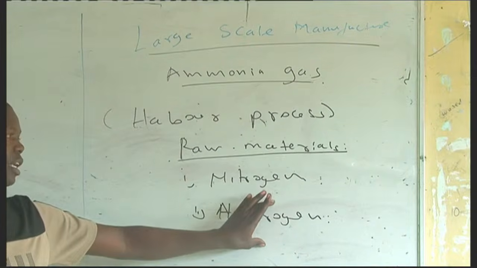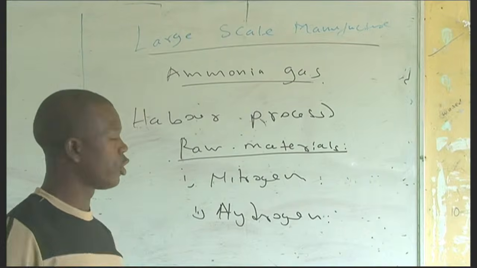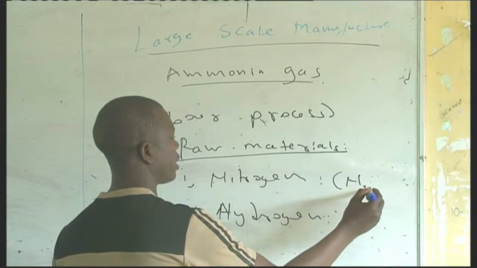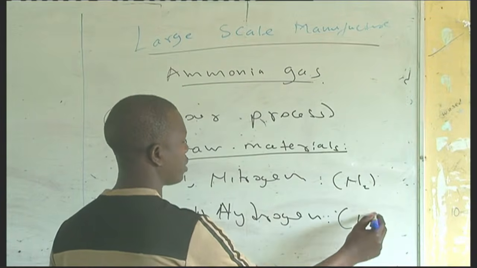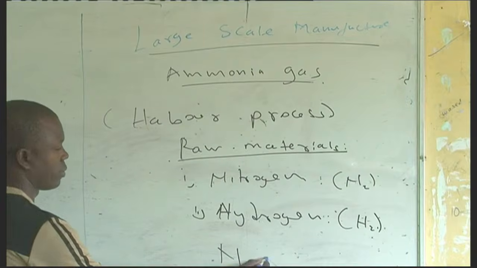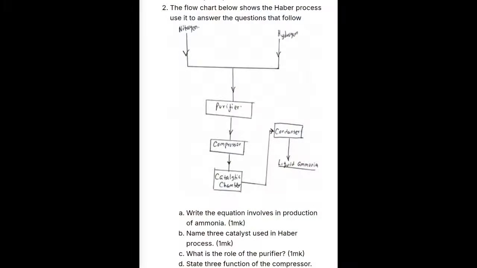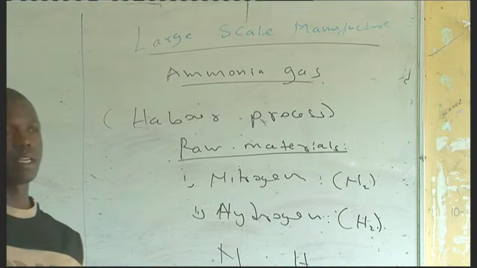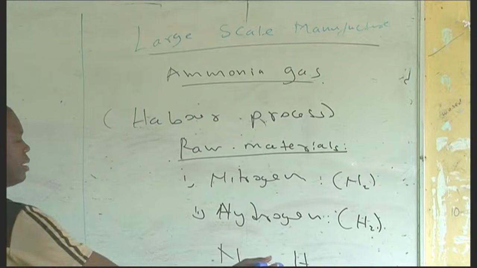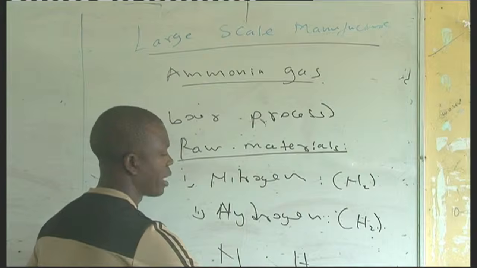So the two gases, nitrogen gas and hydrogen gas, are mixed in the ratio of 1 to 3. It means 1 volume of nitrogen is reacted with 3 volumes of hydrogen to produce ammonia gas.